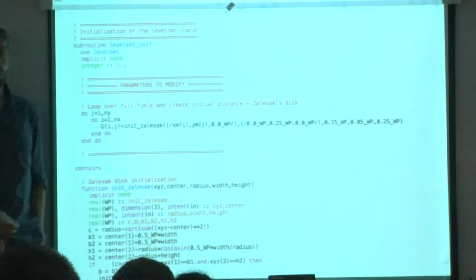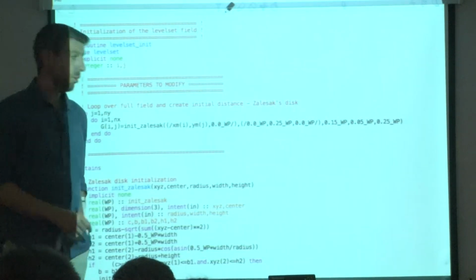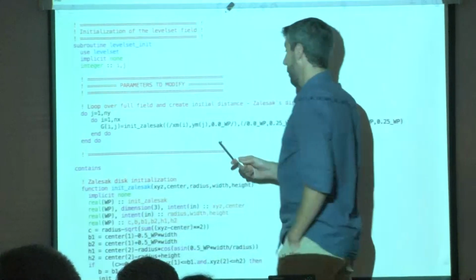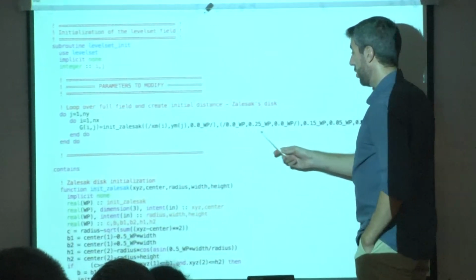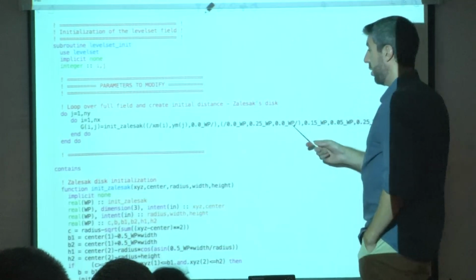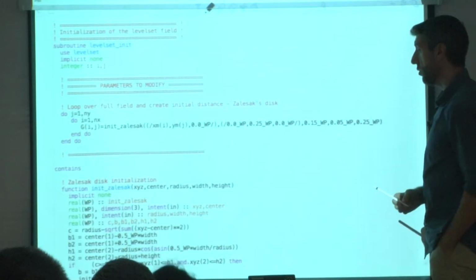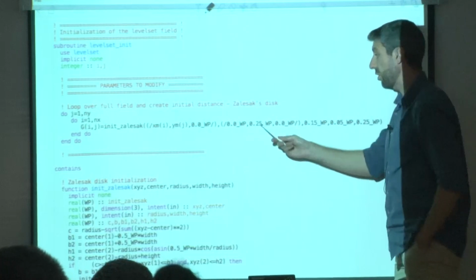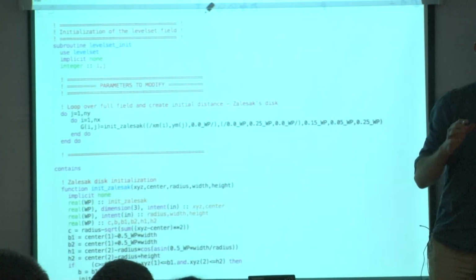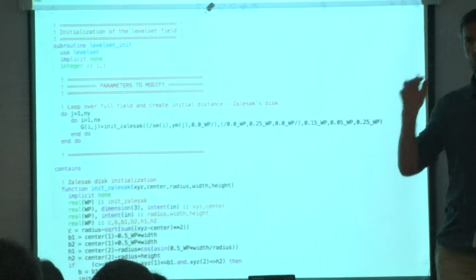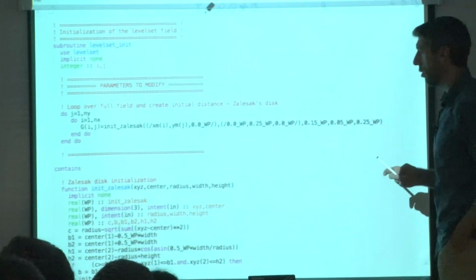This little chunk of code was done in 3D, and so I didn't want to redo it, so I set the third dimension to 0. And then this is the location of the center of the disk. The domain goes from, I think, minus a half to a half in both dimensions, so it's centered on 0.